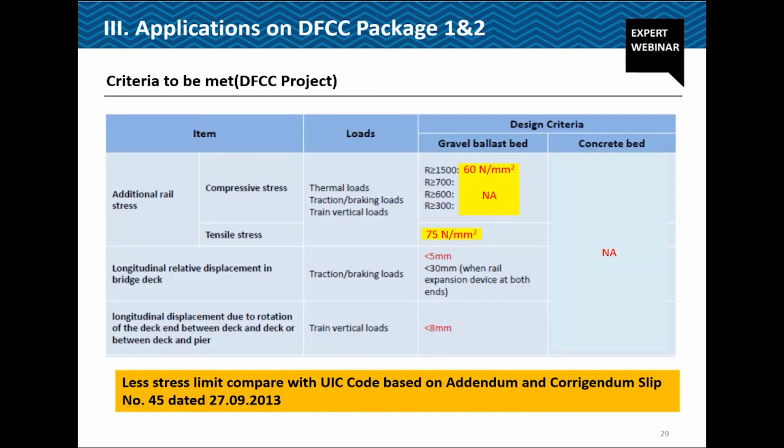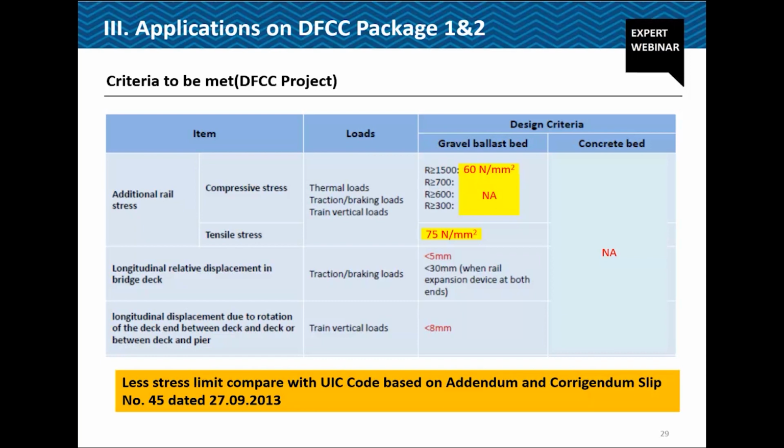And this is the criteria we are adopting. I made this table compared with the UIC code. Compression limit is 60 and tension limit is 75, which is somewhat more conservative than the UIC code.